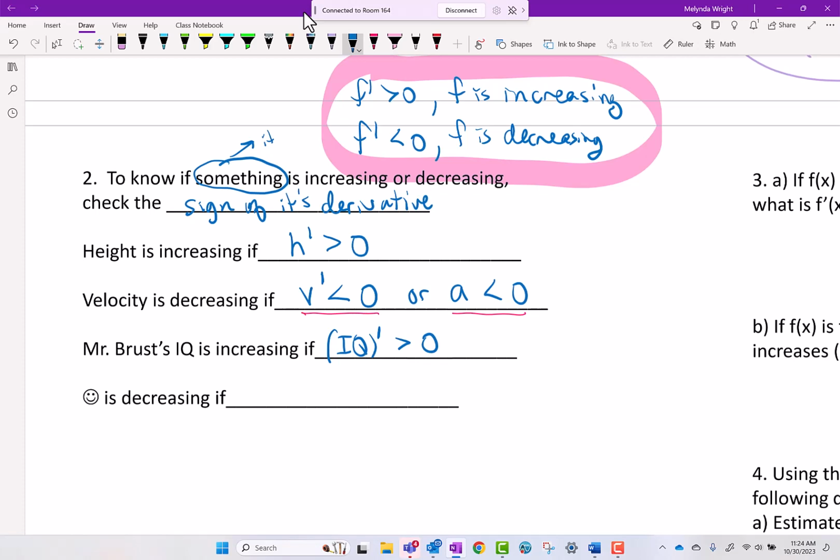And a smile is decreasing if the derivative of the smile is less than 0. So what these examples are trying to demonstrate is that whatever the thing is that you're measuring, IQ, smiling, velocity, height, temperature, that's how you're going to be able to make some sense of it. Okay?